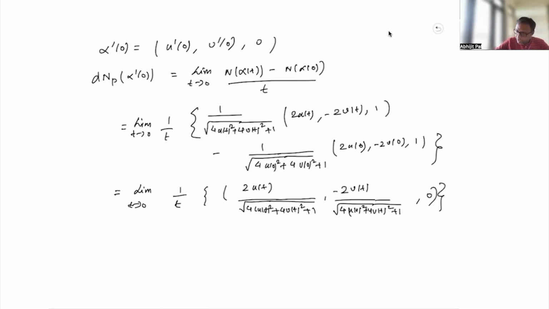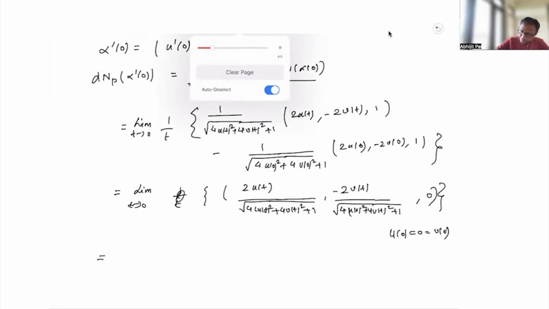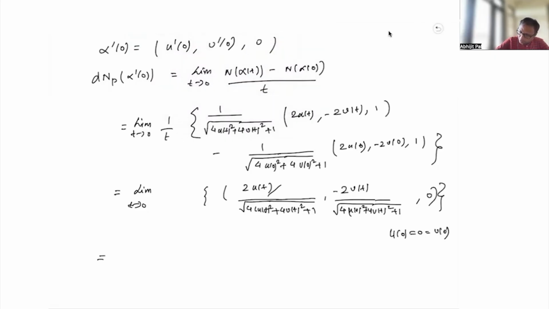Here again note that u0 is equal to 0 and v0 is also equal to 0. So therefore, this will be equal to the following. This t, now you can take it inside. So it will be twice ut by t divided by root over 4ut² + 4vt² + 1. The second coordinate is also the same.